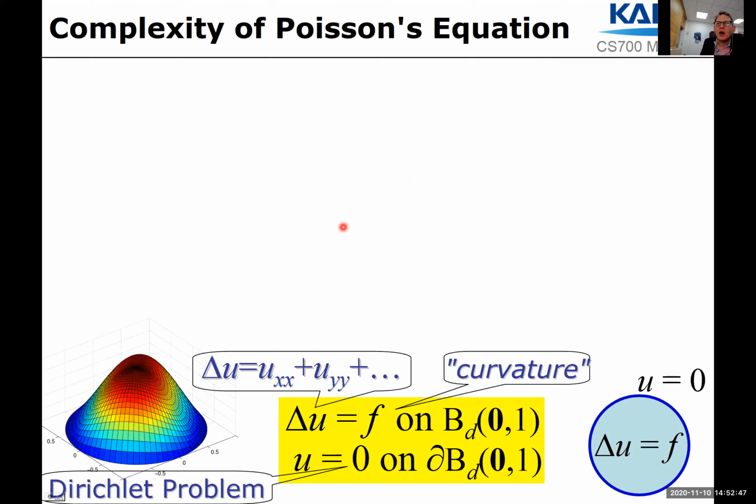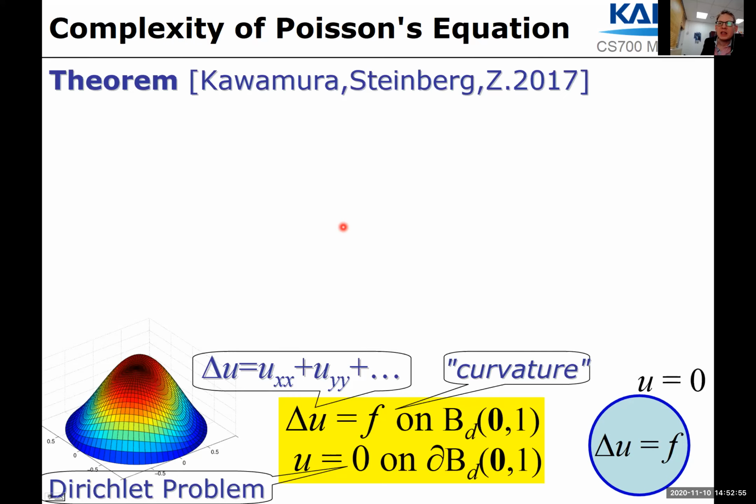So how can we still study the complexity of Poisson's equation if we don't have a complexity notion for the function space? Fortunately, Florian was able to prove in his PhD thesis that in our case the problem does not arise.